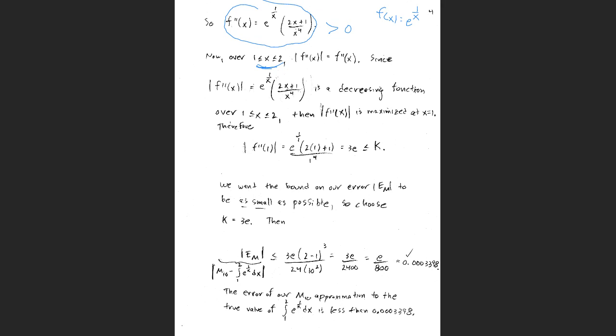Is it concave up, or is it concave down? Which is the right choice, based on the fact that the second derivative is positive? Think back to calculus 1.